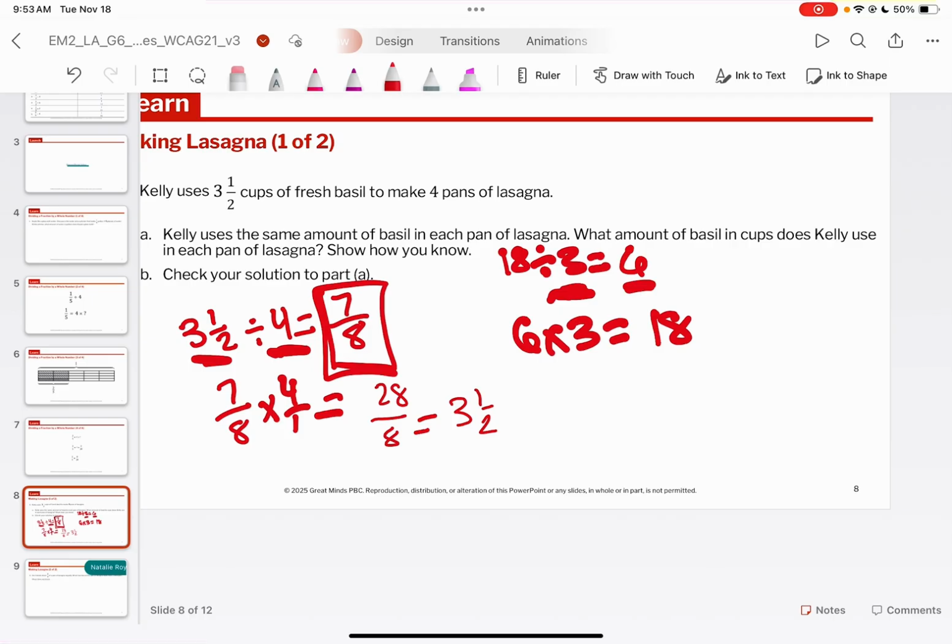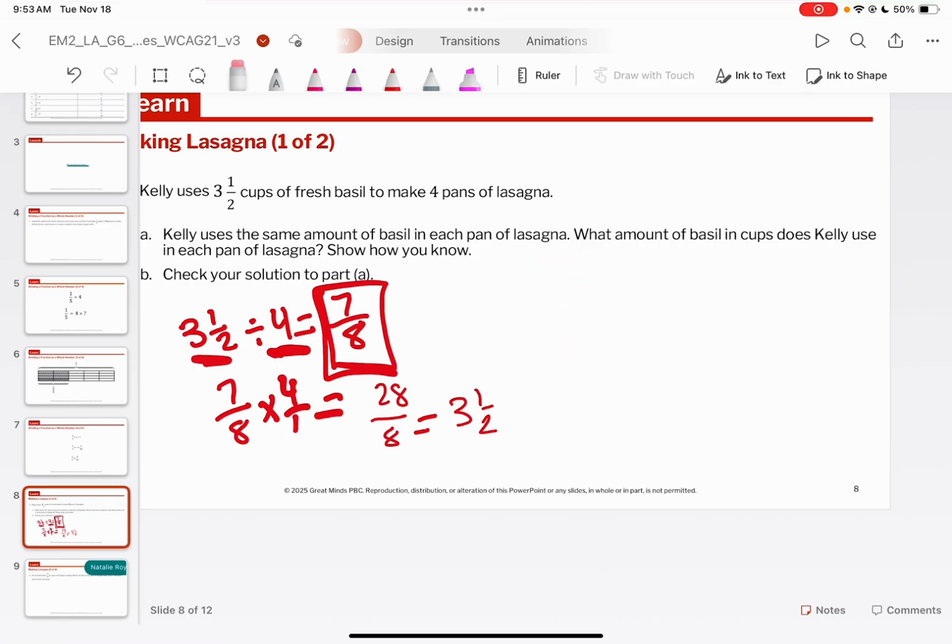Divisor, that second number, times answer must equal how much total you have. I find this is a better example because the numbers are a little easier to understand. So, answer times divisor, your second number, must always give you that total.